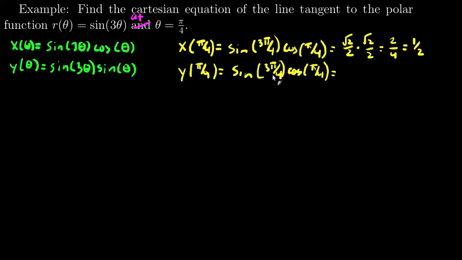And y of pi over 4 is the sine of 3 pi over 4 times the sine of pi over 4, root 2 over 2 times root 2 over 2, which is also 1/2. So my point is (1/2, 1/2).